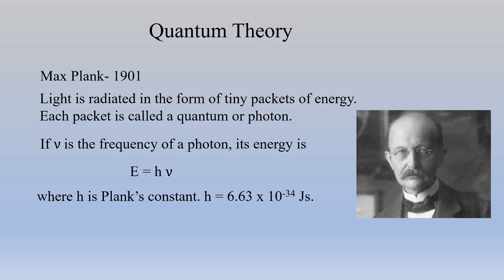We can also express the energy in terms of the wavelength. If c is the velocity of light, the wavelength lambda is related to the frequency nu by the expression c is equal to nu lambda. Then energy can be expressed as E is equal to h nu, that is h into c by lambda.